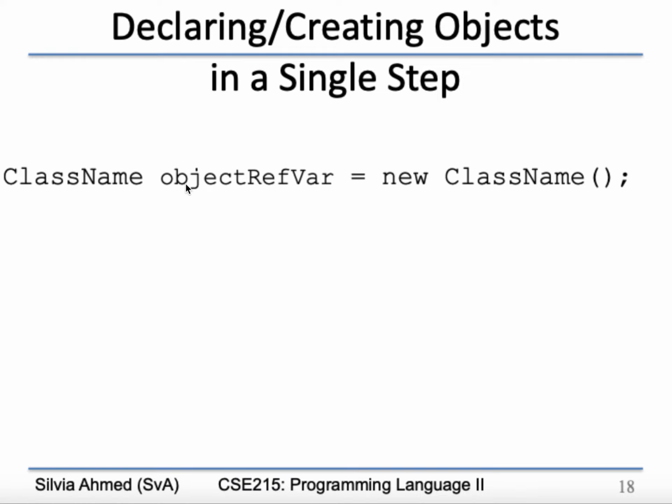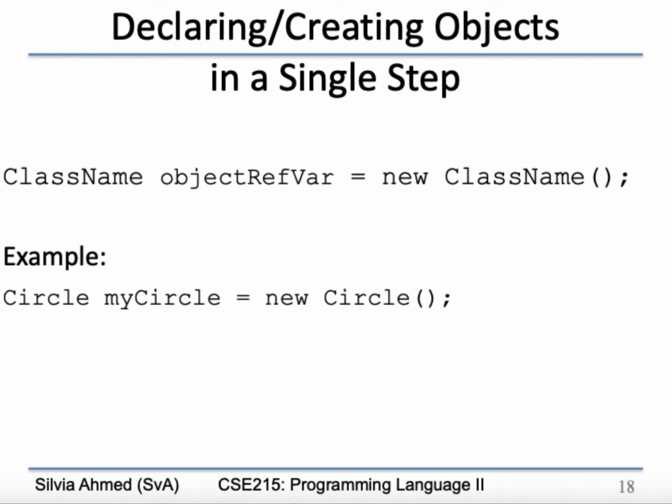That means in memory we now have a location reserved to store an address. Then we actually create the object. That means in a separate location we reserve the data fields, and then with the assignment we take the address of the object's location and put it in this reference variable.